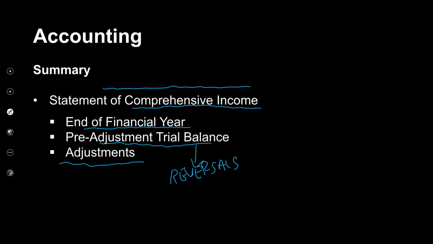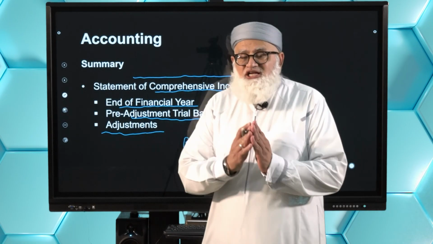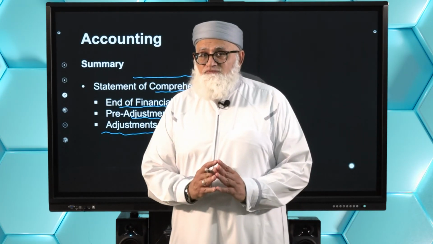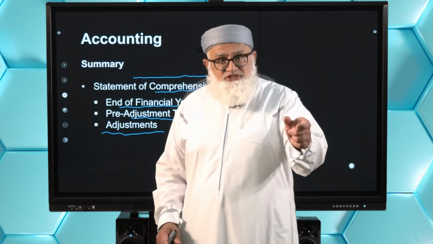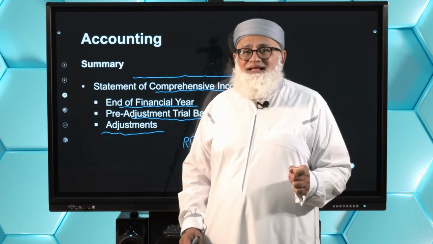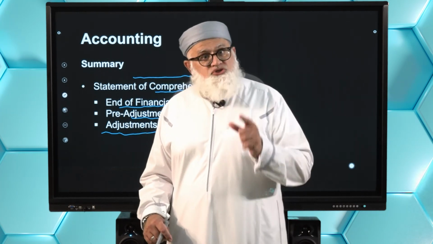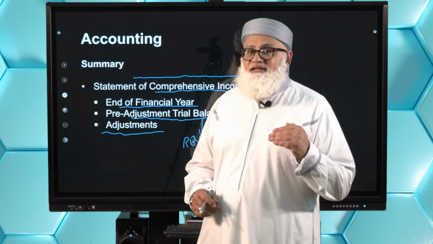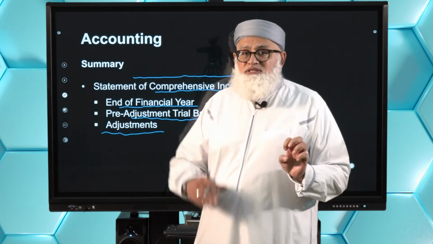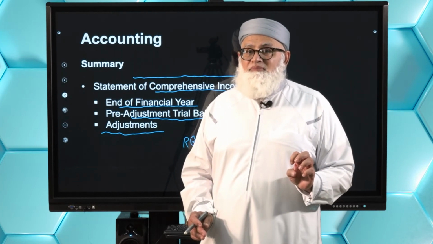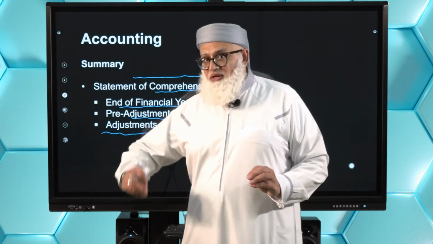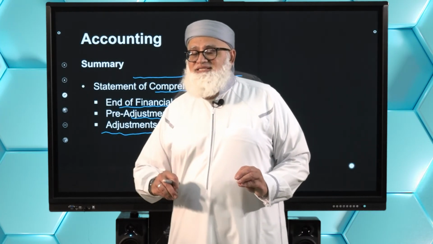Okay. Always remember that an adjustment has a double entry. For example, a debit to accrued income and a credit to the relevant income account. Also keep in mind the impact it will have on your income statement, statement of comprehensive income, as well as the impact it will have on your balance sheet, right?